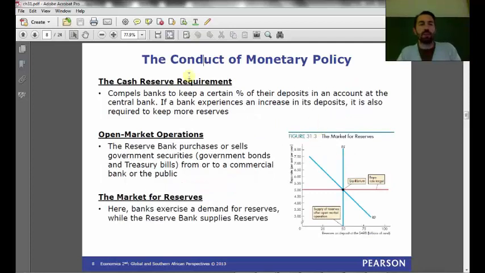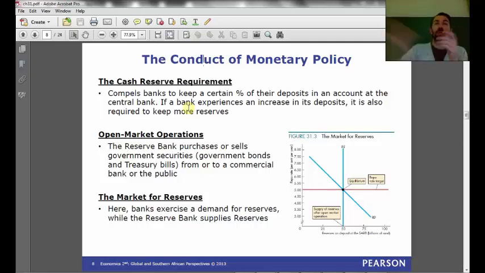So the cash reserve requirement, we know what this is. It compels banks to keep a certain percentage of their deposits on reserve in an account at the central bank. And if a bank experiences an increase in its deposits, it is required to keep more reserves. And that's where it can have a problem, where it doesn't have enough cash reserves, and it might need to borrow directly from the Reserve Bank.